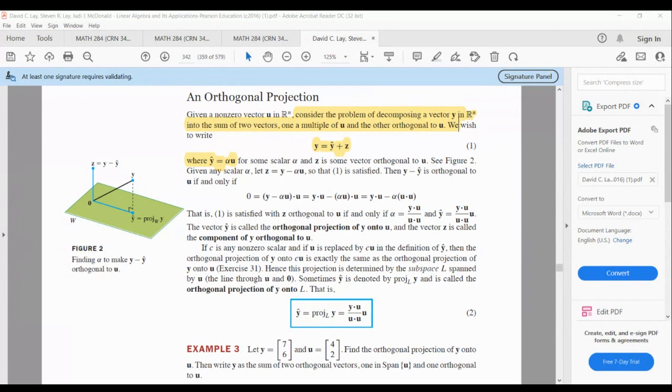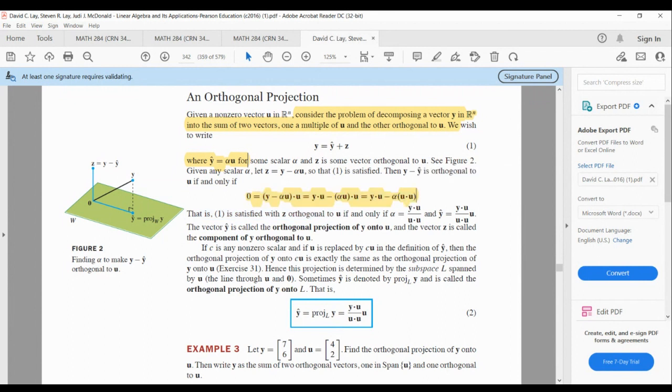All right, and what we want to do now is find what that alpha is. Because if we're going to find the projection vector, it has to be some multiple of the vector U. And so what they do is something similar to what you saw with the proof of theorem 5.